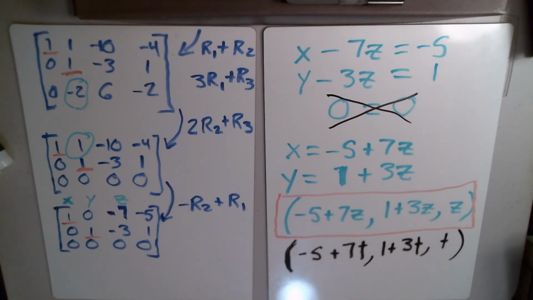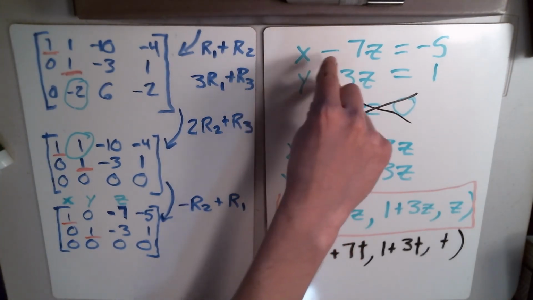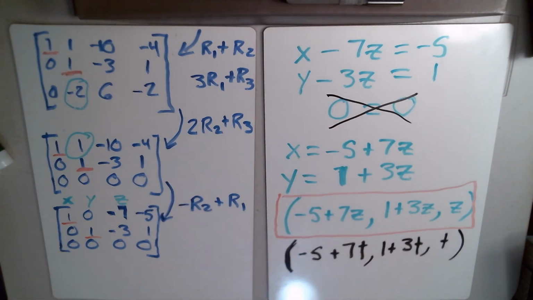So, hopefully that helps you understand how you go about solving this when you have infinitely many solutions. And you tell that by looking at whether, in the end, you can solve for actual values of the variables, or is there not enough information?